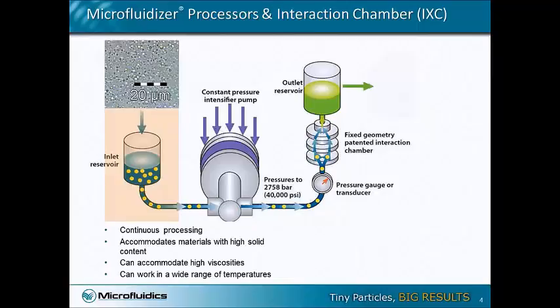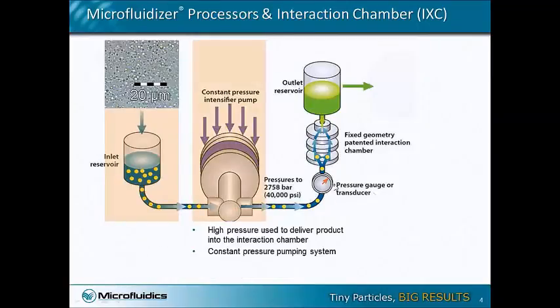The materials will be put in by an intensifier pump. The intensifier pump is capable of delivering very high pressure, up to 40,000 psi, and it delivers this pressure at a constant rate.